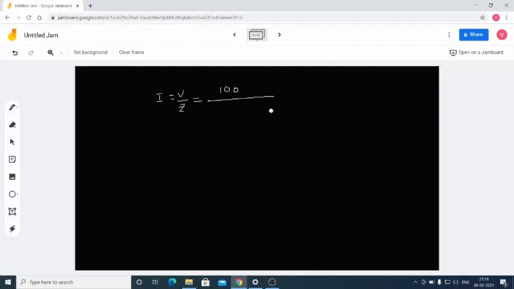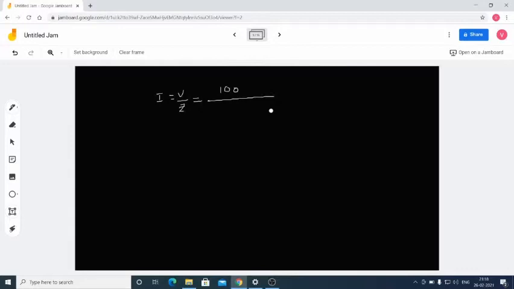Instead of XL I am writing 2 pi f L. I am substituting the corresponding values: 2 into 2 pi into the frequency, which we found as 80 hertz, the resonance frequency.